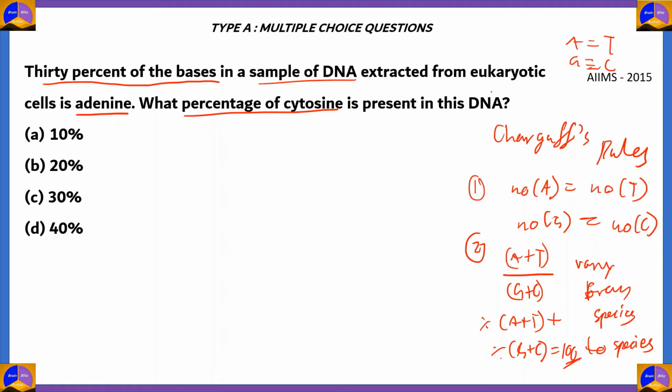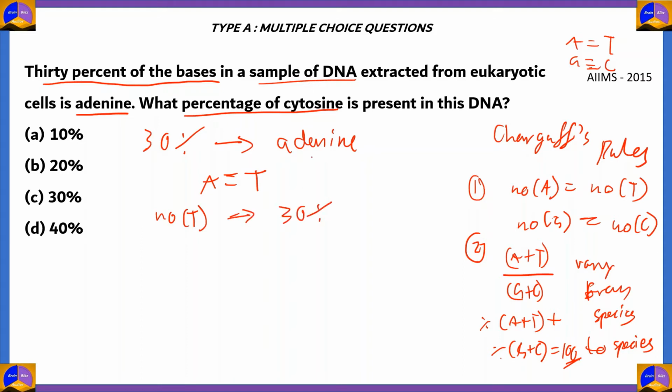Now, using these Chargaff's rules, let's start solving. It's given that 30% is the number of adenine bases. Since A is always bonded with T, the number of T will also be 30%. That means A plus T gives you 60%.